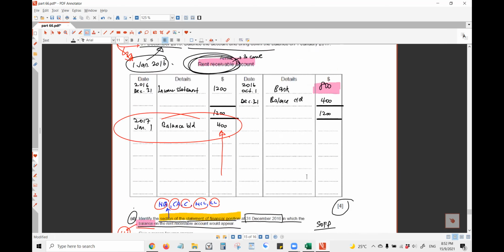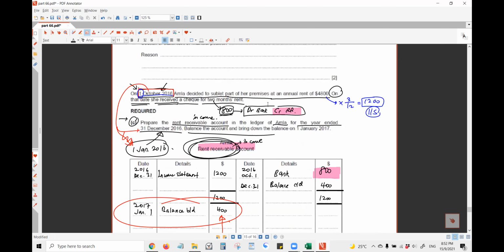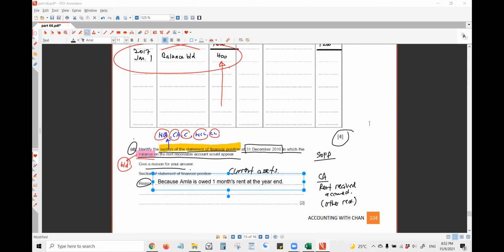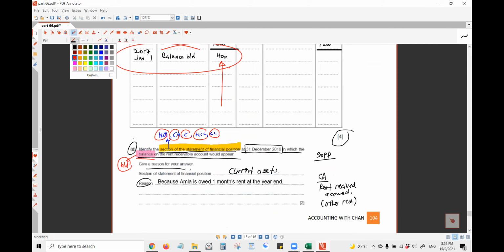Agree? Because Amla has only received 2 months' rent as opposed to the 3 months' rent Amla should receive. Agree? So Amla is owed by the tenant 1 month's rent at the year end. You can get 2 marks for this: 1 mark for stating the section, another mark for the reason.